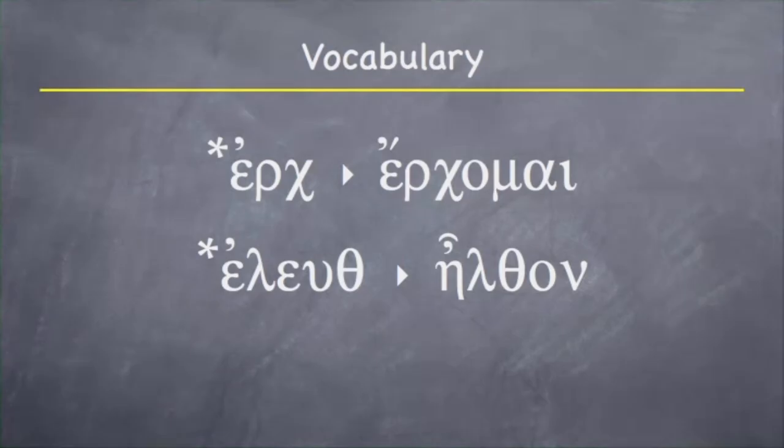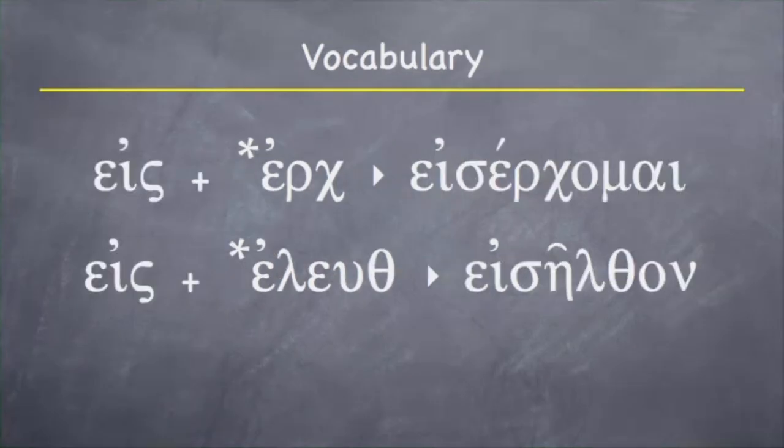It uses elth, and its aorist is elthon. Okay, this is one of those few exceptions to the general rule where I said the root comes unmodified in the second aorist. In the case of erchomai, what happened was that the epsilon rho chi dropped out of the root in the formation of its aorist tense stem. After that, it's all regular. Right? The epsilon lengthens to an eta for the augment, and you end up with elthon. So the second aorist of erchomai is elthon.